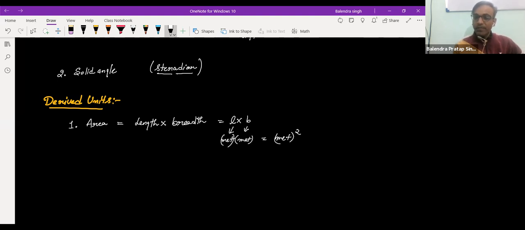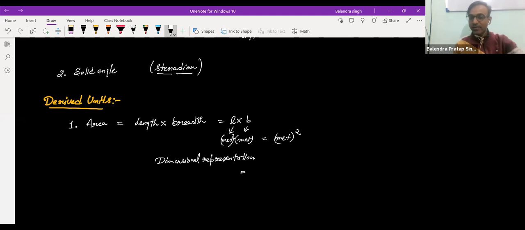Is it clear? Yes, sir. Okay. So this is the unit of area, which is meter square, and now the dimensional representation. What is the dimensional representation of length or meter?